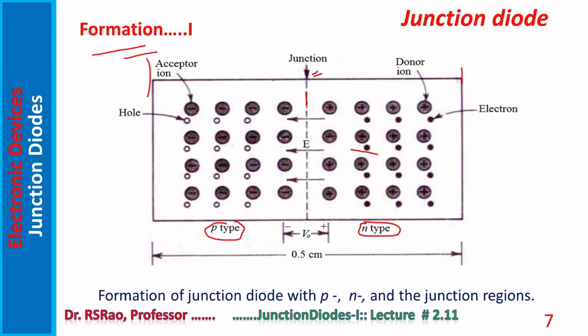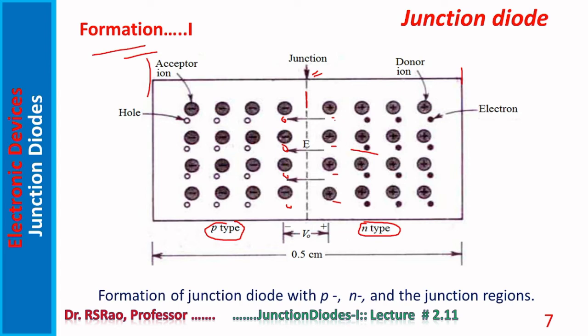Now, around the interface, on one side there are holes and negative ions. On the other side, positive ions and electrons. Holes and electrons are mobile, they are free, and as they are oppositely charged, there exists attraction between them.